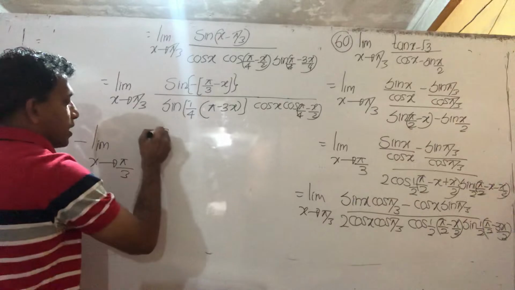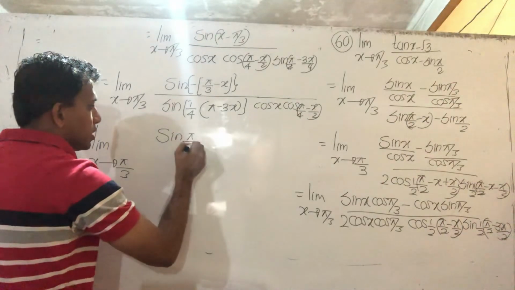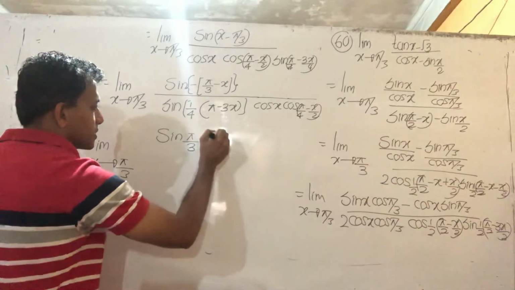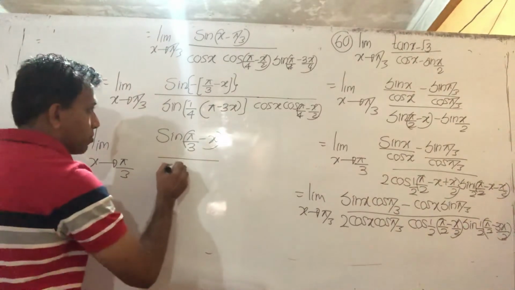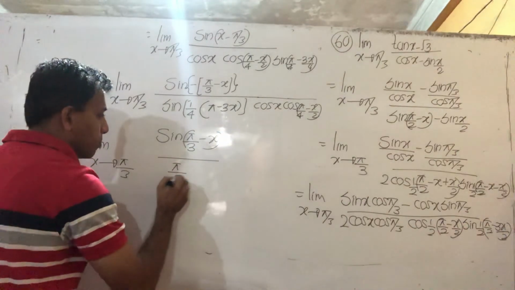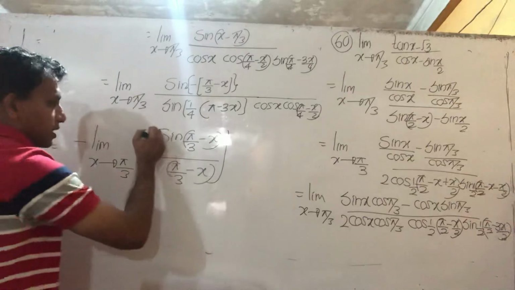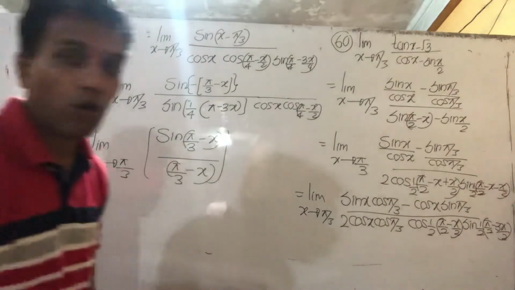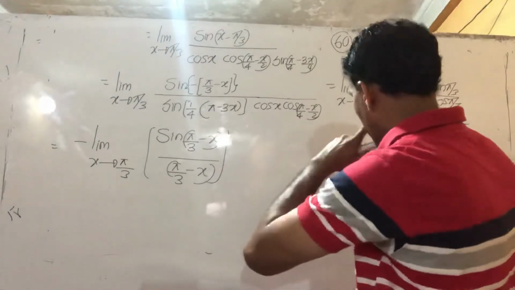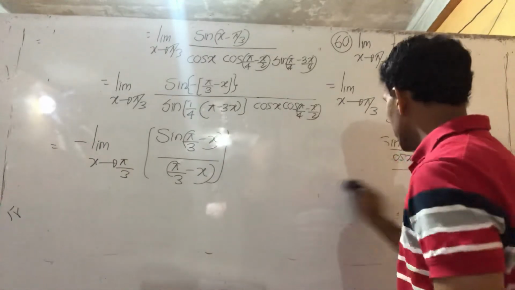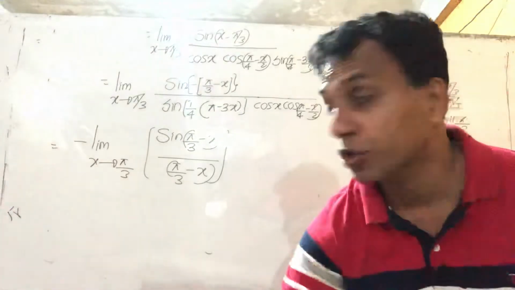Here I write sine of pi by 3 minus x, then below, theta is pi by 3 minus x, the sine theta over theta form, right? And right below this is also the same sine theta over theta. You should remove the additional part by multiplying or dividing.